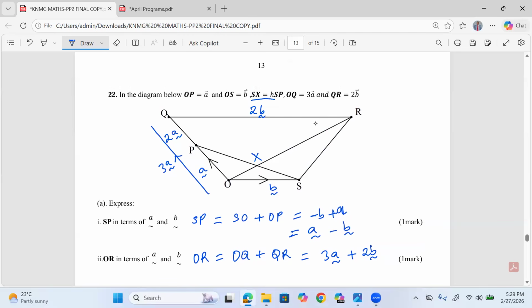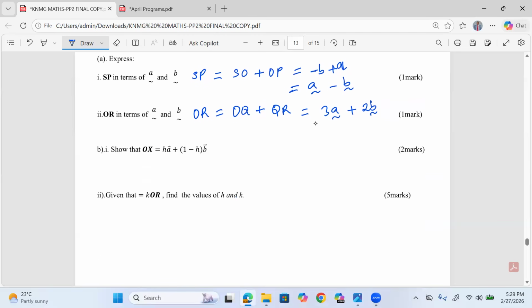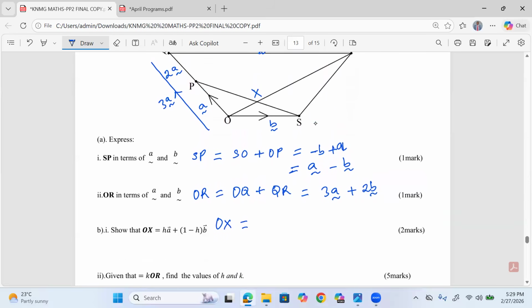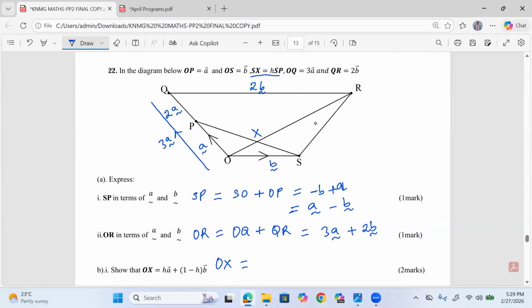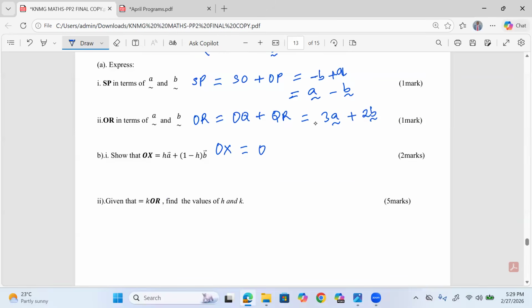And this is it. So OX is equal to, we want to accommodate which vector? The vector that has H, and that is SX. So to contain SX, we need to talk about OS plus SX.